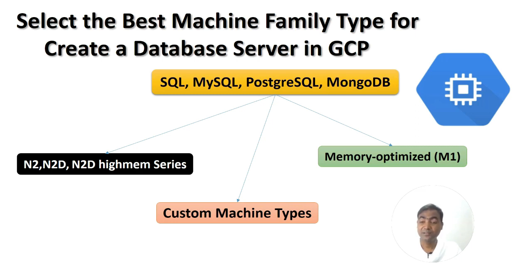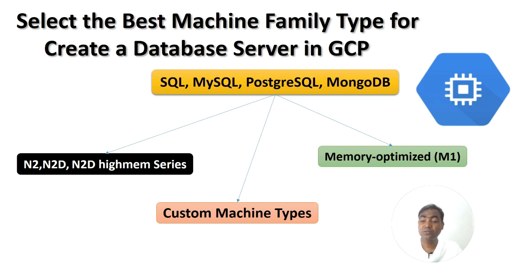If you are running a critical database, you may want to consider a more powerful machine family type such as compute optimized or memory optimized machines, which are best suited for creating a critical database server. This will help ensure that your database is always available and performs well.